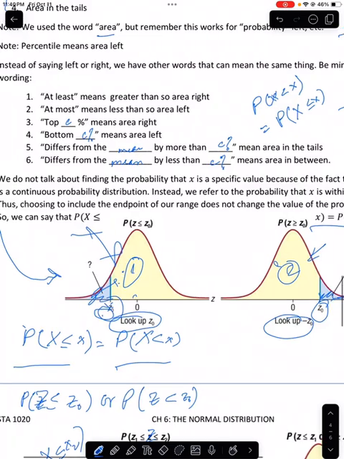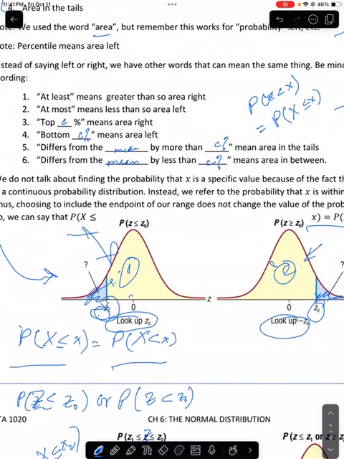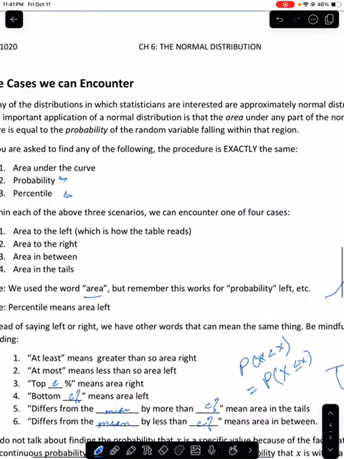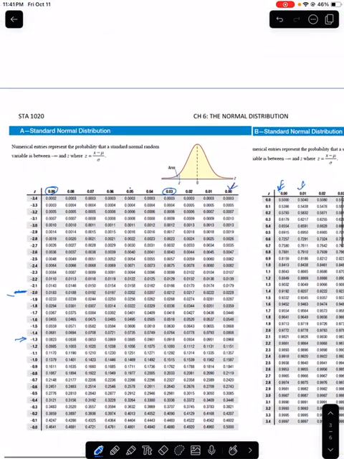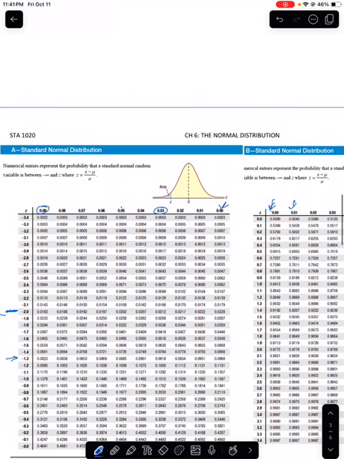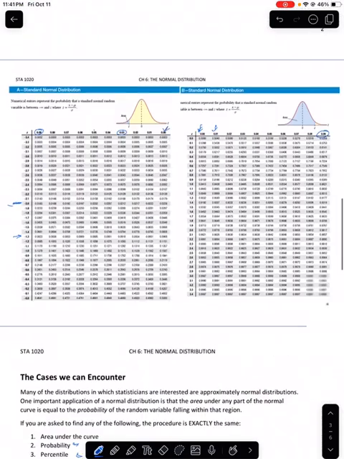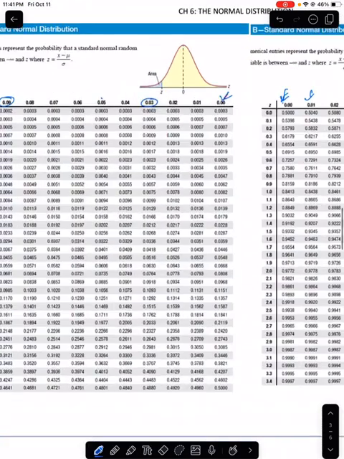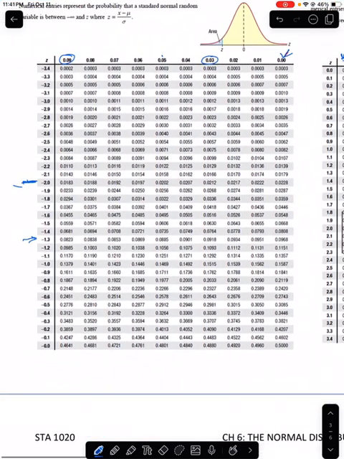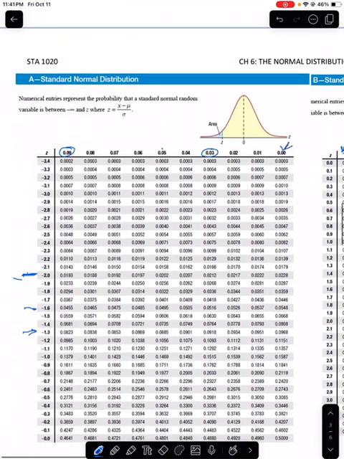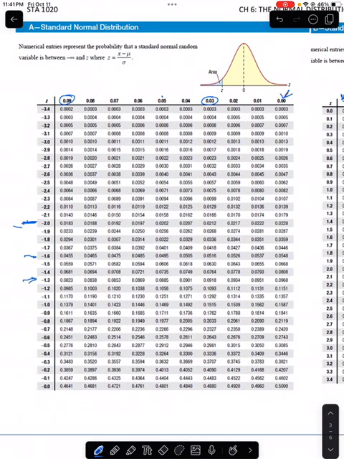Negative 1.6 we will see in the first column right here, and then 8 is the second column. So right here, .0838.